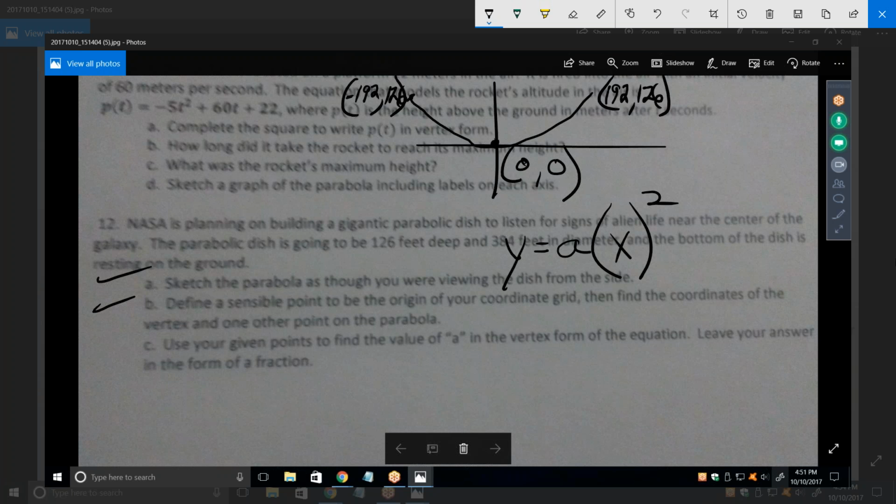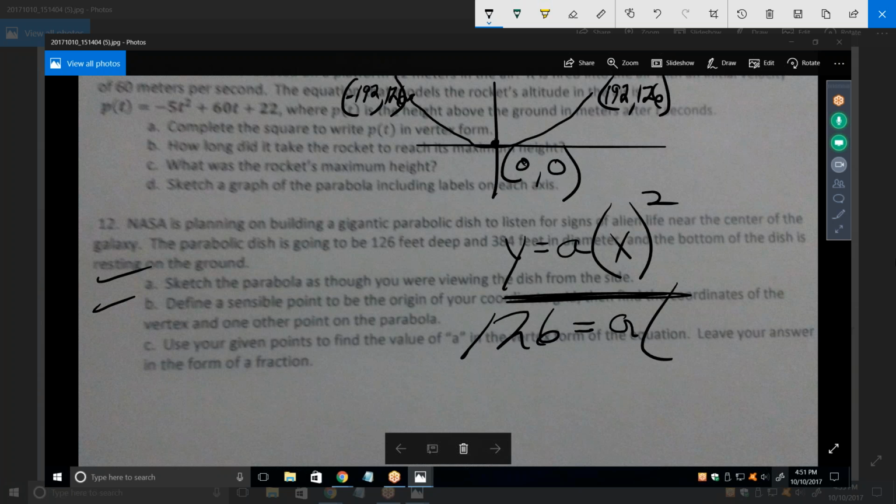Remember, this is the equation of what we have drawn. So every single point on the graph that we drew has to fit this equation. So 126 for y, and then 192 for x.